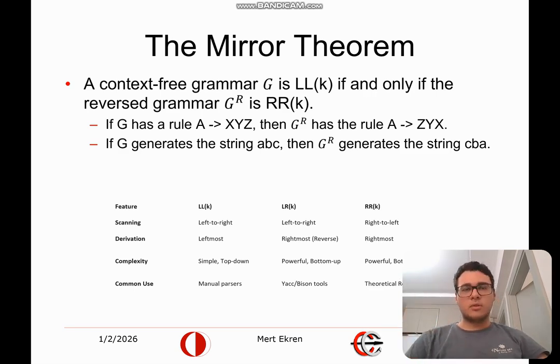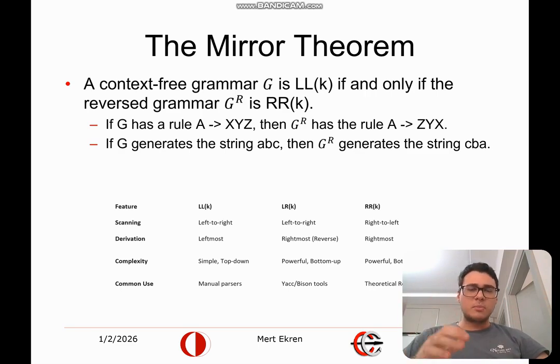LLK, the decision factor goes as follows. An LL parser stands at the start of the rule. It looks at the first K symbols to the right to decide which production to expand. And for the RRK case, an RR parser stands at the end of the rule and it looks at the last K symbols to its left to decide which production rule to expand.